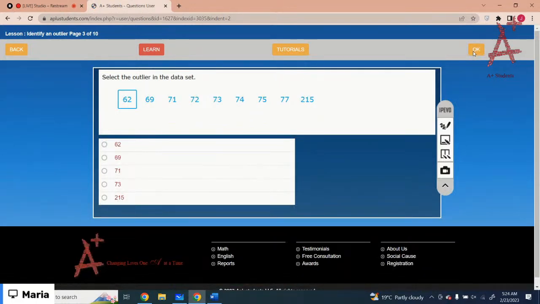Okay, select the outlier in the data set 62, 69, 71, 72, 73, 74, 75, 77, and 215, which is the outlier?